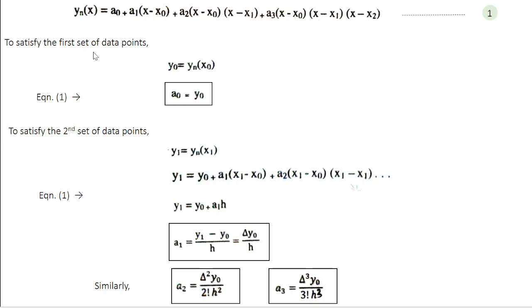So once you find the values of a0, a1, a2, etc., you can substitute it back into equation 1.